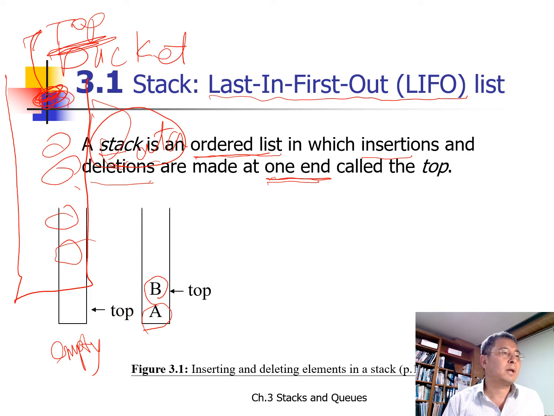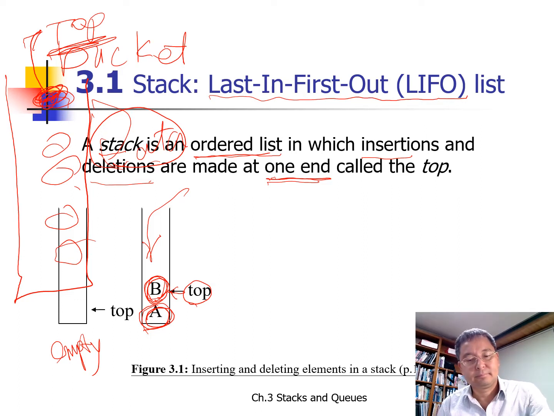Because there is only one end, we must stack A first. After that, B is stored here, and at the same time the top goes up to point to B.